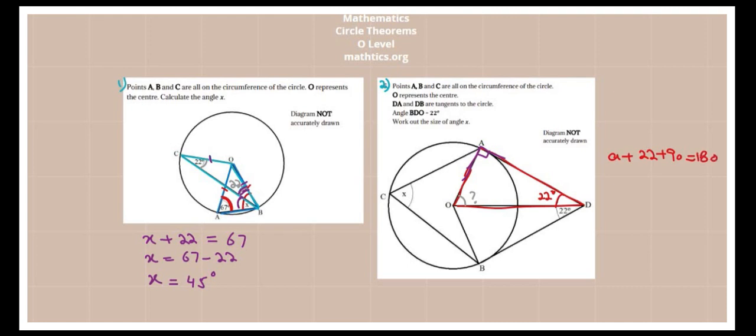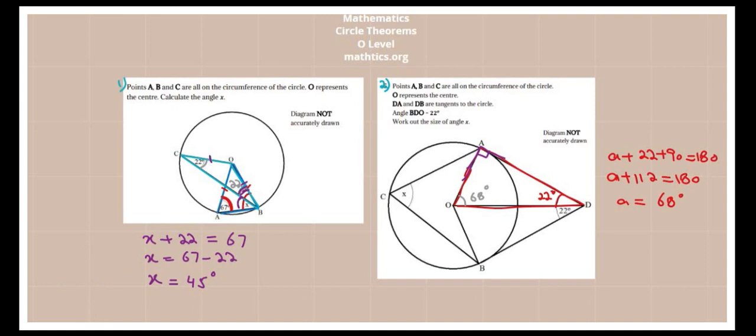So 90 plus 22 is 112. So A plus 112 will be equal to 180. A would be equal to 180 minus 112, which is 68 degrees. So that means this angle is 68 degrees.